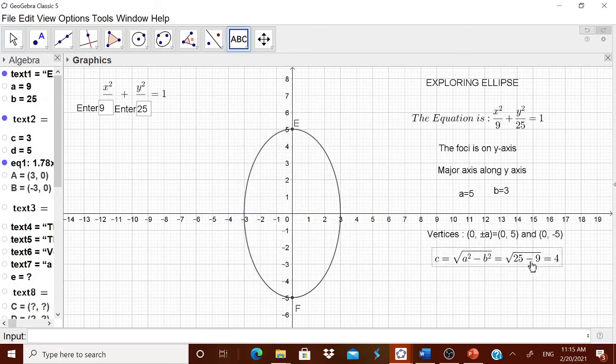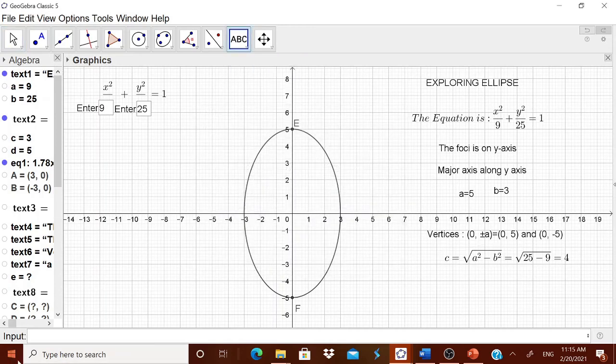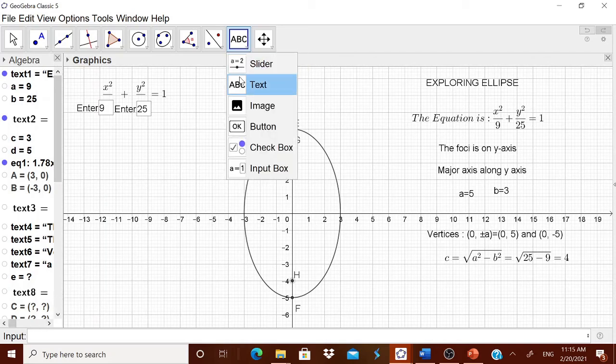Okay, now you can go for its foci. You want to show 0, I. Then 0, minus I. You have to remember what variable is taken by GeoGebra.